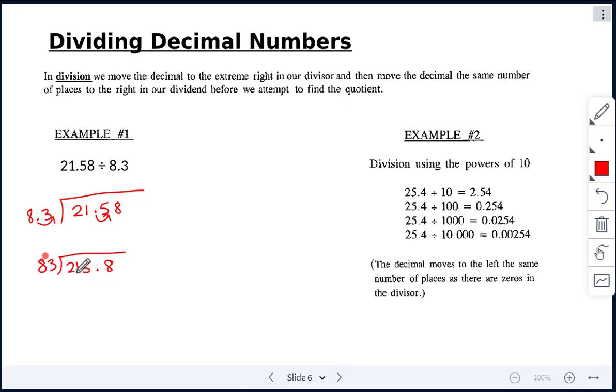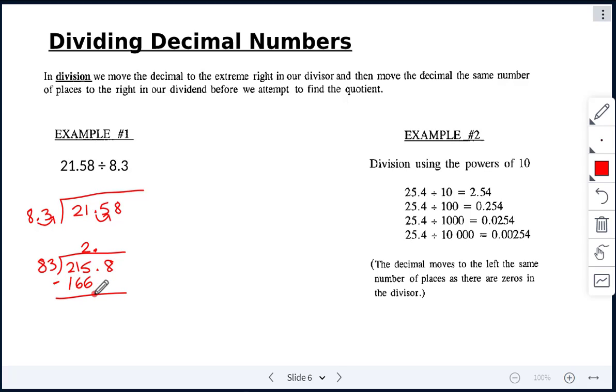All right, so now we just have to divide 215.8 divided by 83. All right, so we know 83 times 1 is 83. 83 times 2 is 166. 83 times 3 is 249. So we're going to use 2 because 83 times 3 goes over. So 83 times 2, that was 166. And then remember, our next step here is to subtract.